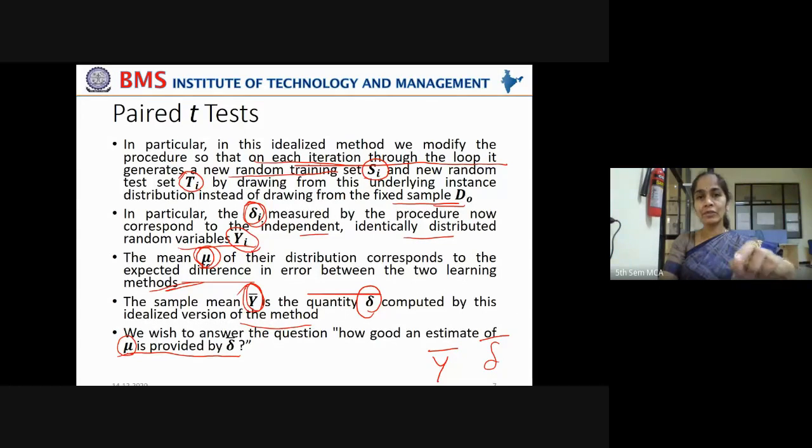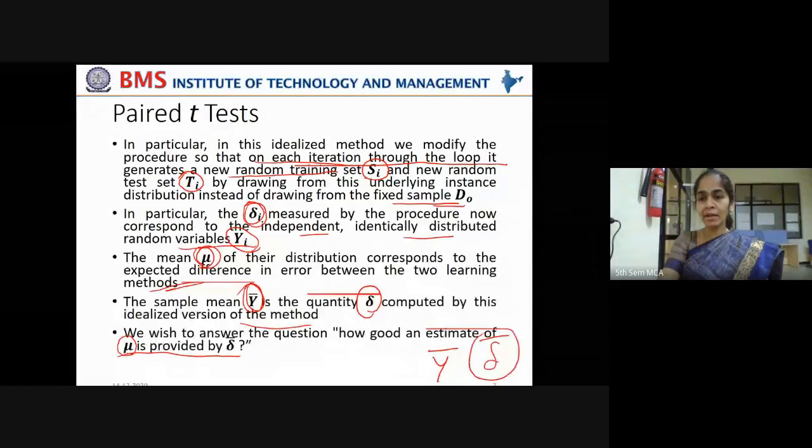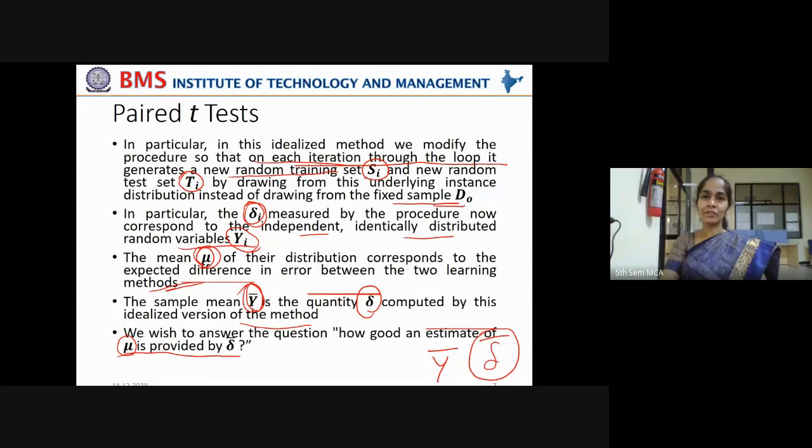Now the question is whether this delta bar is following a normal distribution, whether the distribution of errors is following a normal distribution. How do you find that out? Whether the distribution of errors between the two learning algorithms is following a normal distribution or not, how do you measure that?